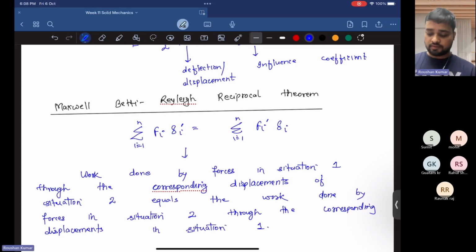Okay, so this is all about the Maxwell-Betti-Rayleigh reciprocal theorem.